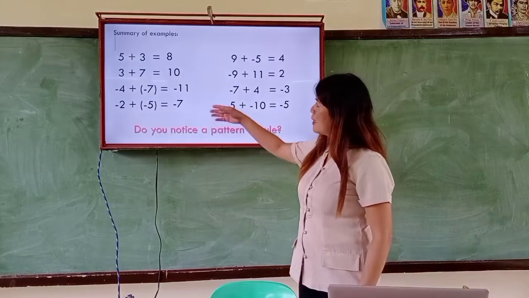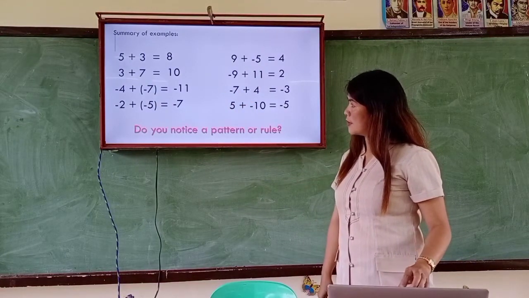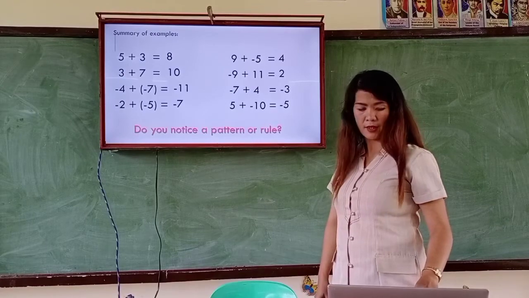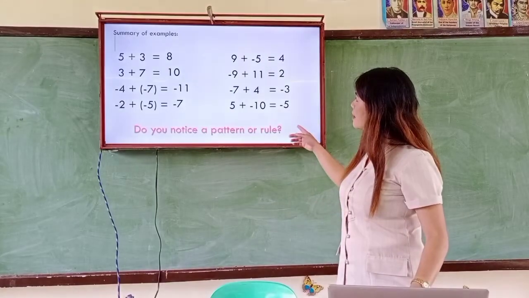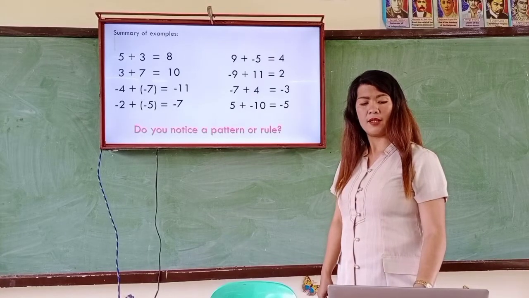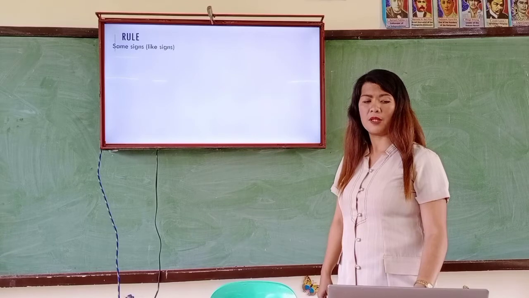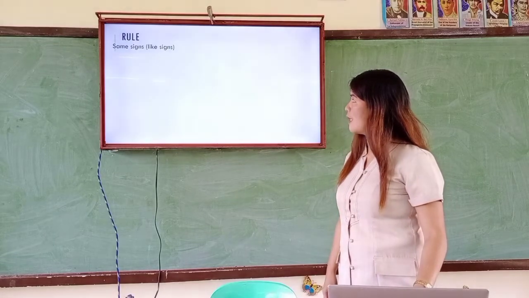On this side, the first 2 examples are all positive. The next 2 examples are all negative. And on these sides, different signs. So what is the rule in adding integers with the same signs or like signs?